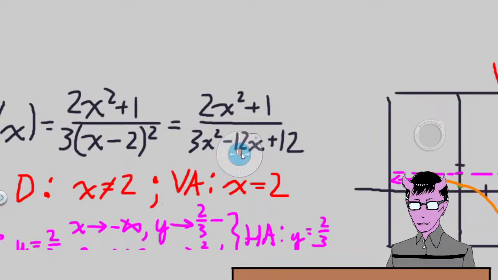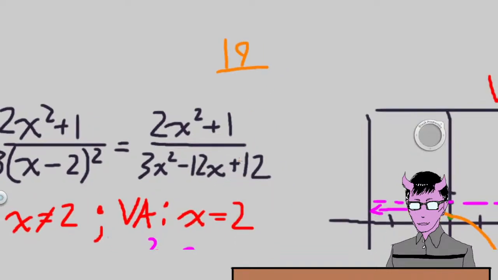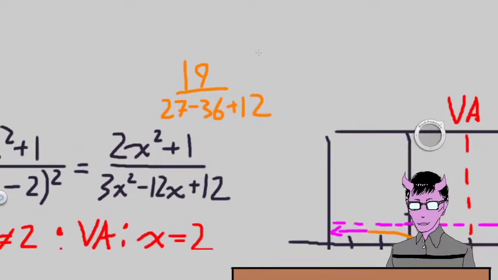Okay, so we plug in positive 3, this becomes 9, 9 times 2, 18, 18 plus 1 is 19. So, plug in positive 3, we get 9 times 3, which is 27. 3 times that one is negative 36. Ooh, and then we have plus 12, okay. So we have 39 minus 36 is positive 3.